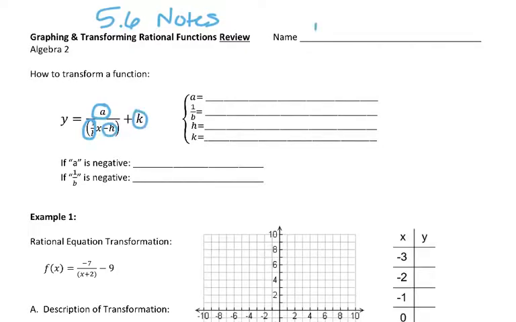You may remember previously that when you had looked at it, you may have seen y equals a times f of 1 over b times x minus h, plus k.